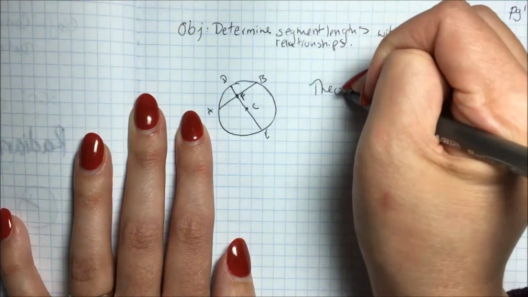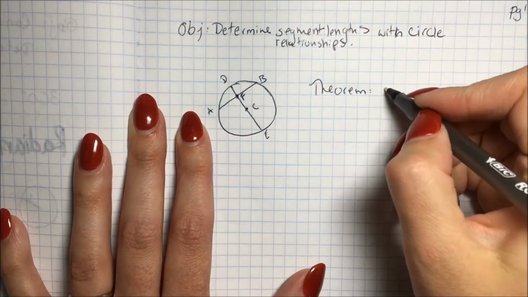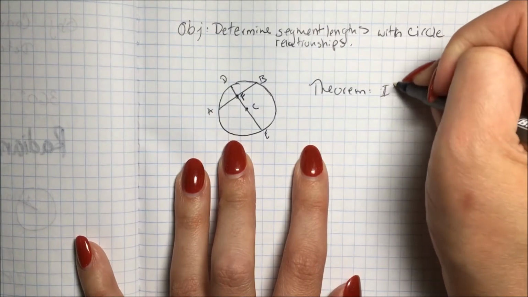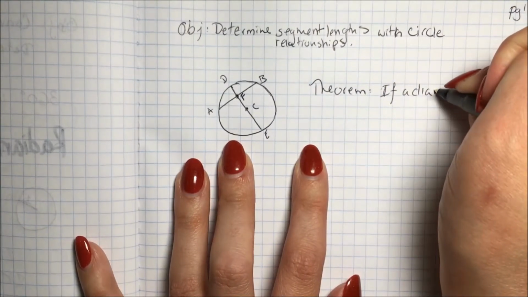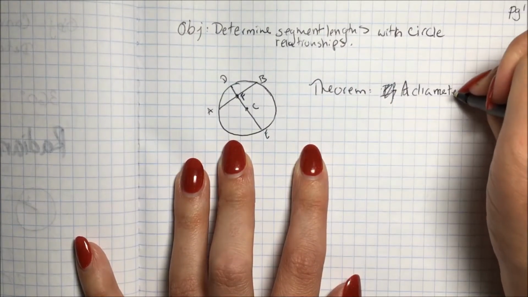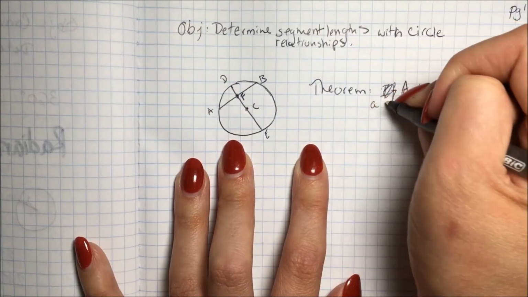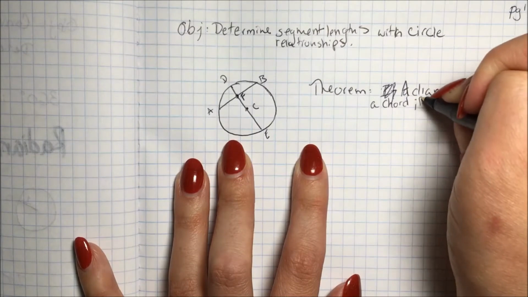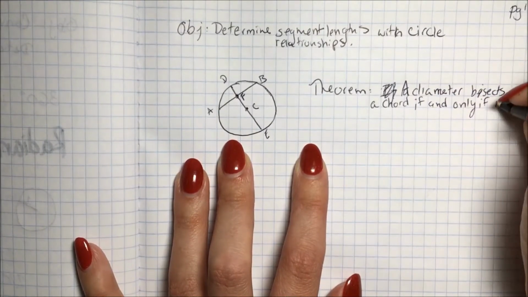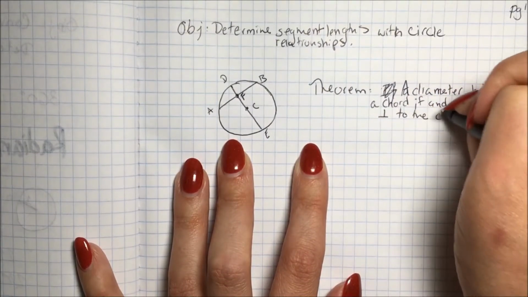So the theorem is that if a diameter, it should be a diameter, bisects a chord if and only if it is perpendicular to the chord.